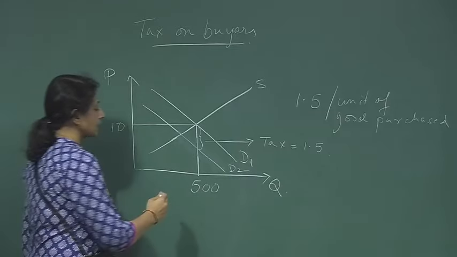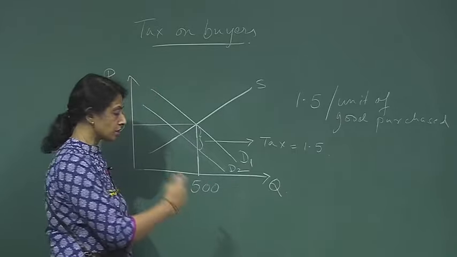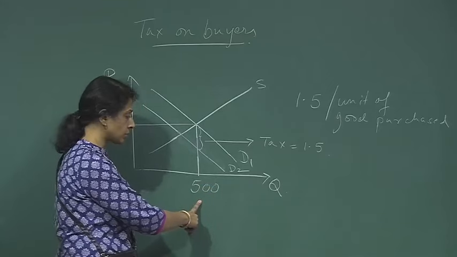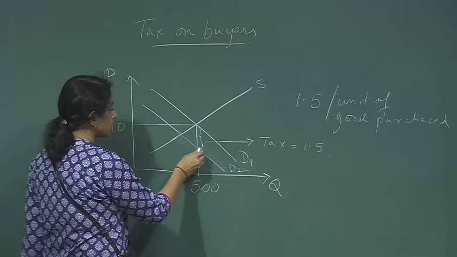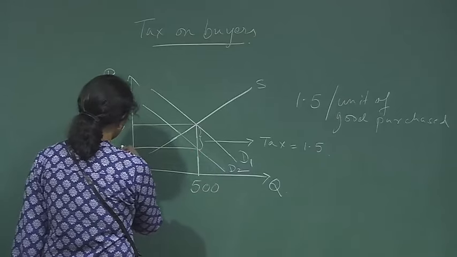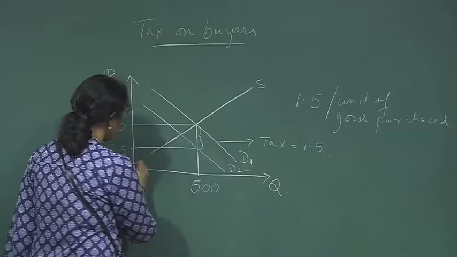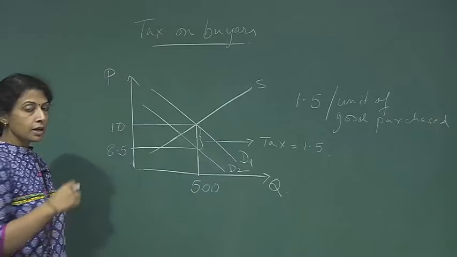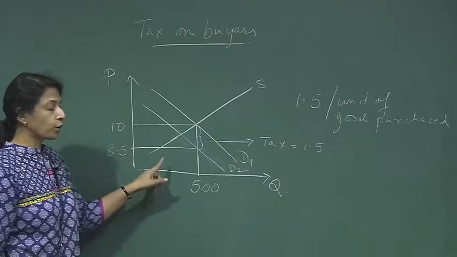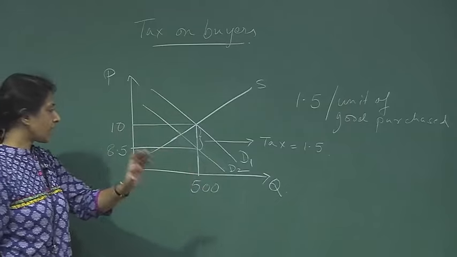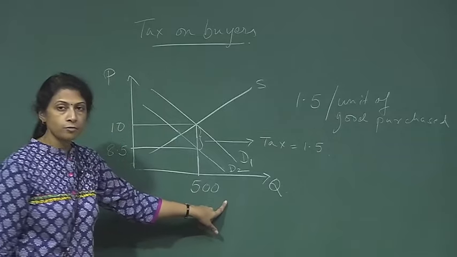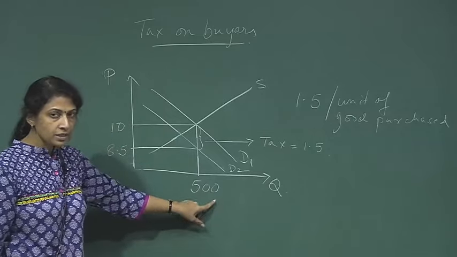Basically, what does this mean? This means that all the consumers in the market would like to still continue to consume 500 units of the product, provided that the price charged by the seller fell to 8.5. If it fell to 8.5, then the buyers would pay 8.5 to the seller and 1.5 to the government, ending up paying a total of 10 rupees and buying 500 units. So what am I saying here?